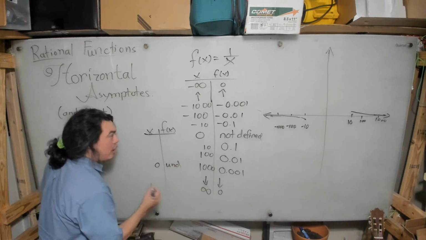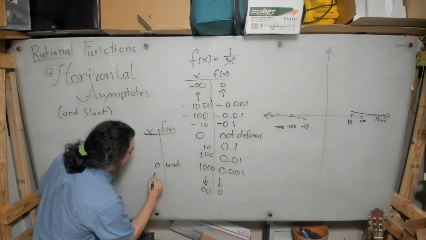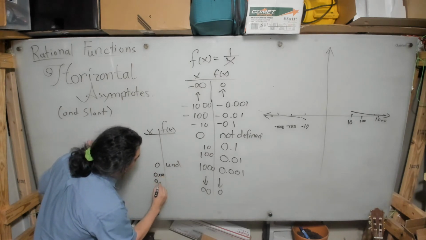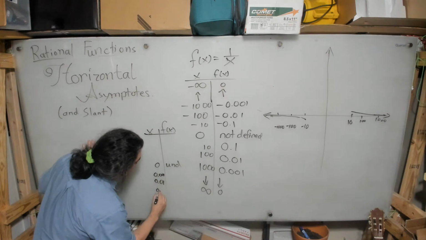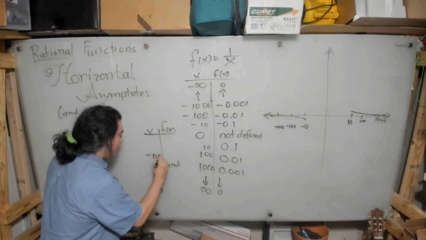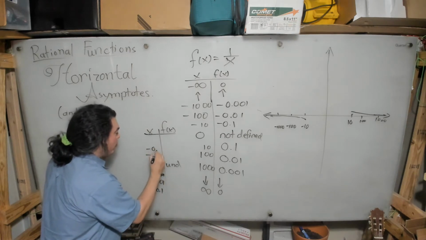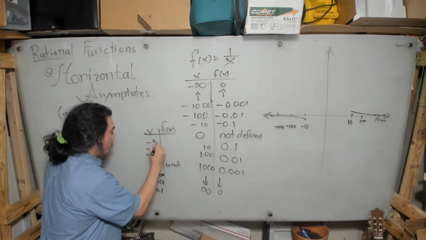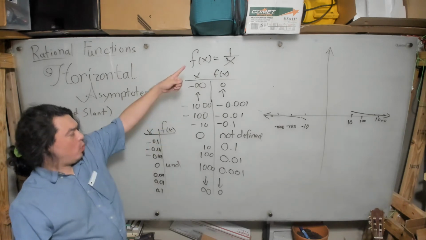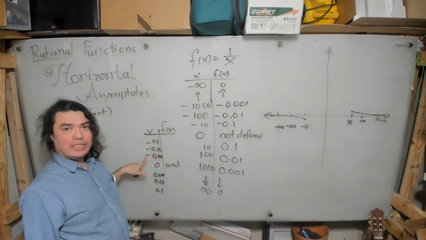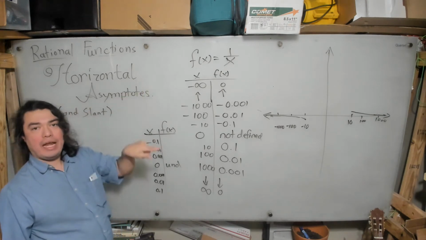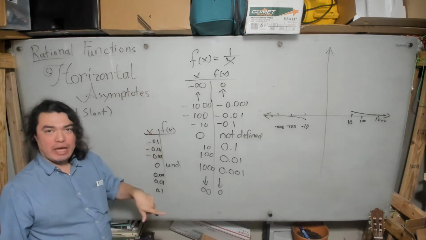But let's imagine now that I'm getting close to 0. So let's say 0.001, 0.01, 0.1, negative 0.001, negative 0.01, negative 0.1, etc. Well, if I divide 1 by negative 0.001, what I'm really doing is saying 1 divided by negative 1 over 1,000.